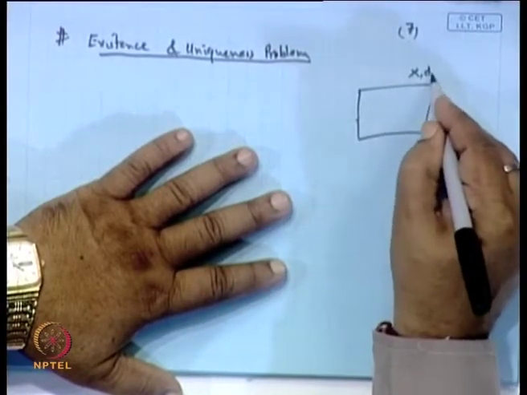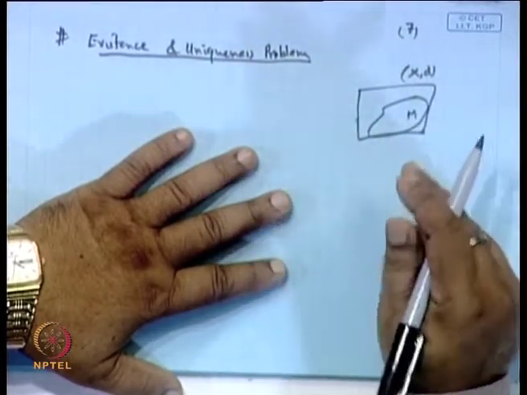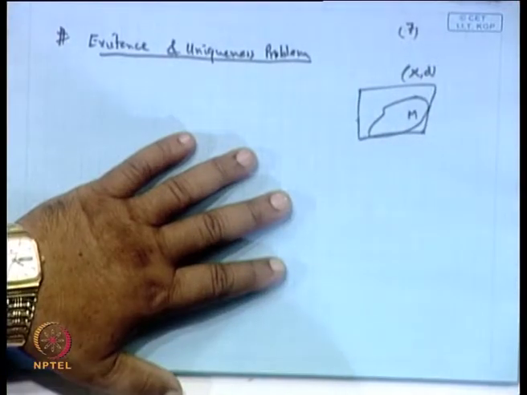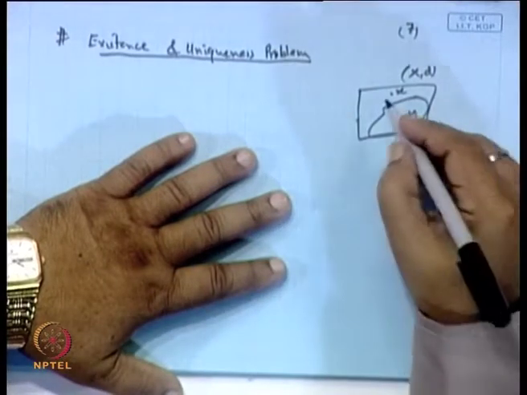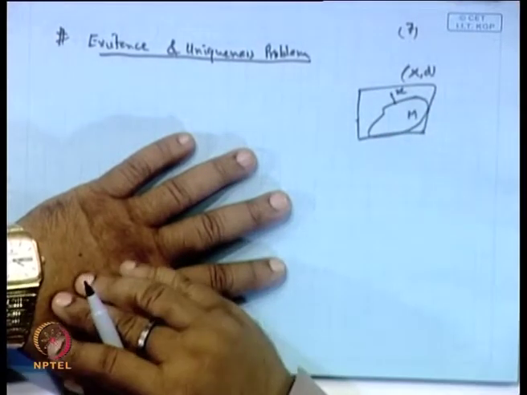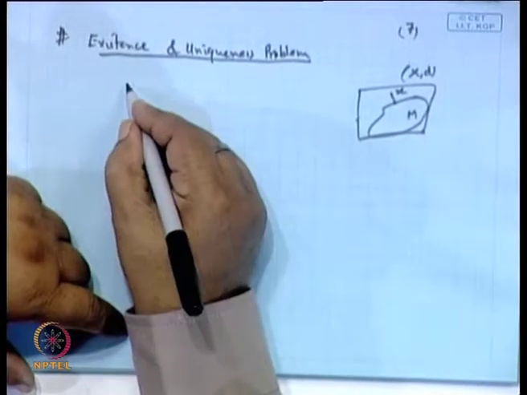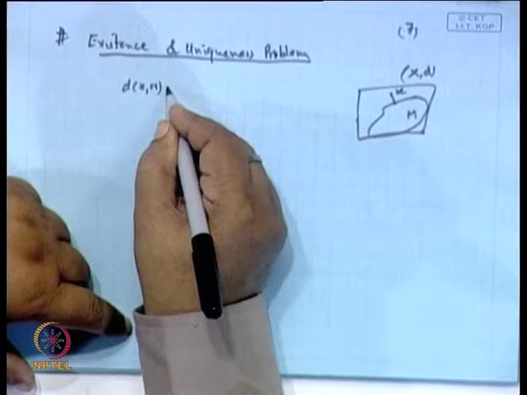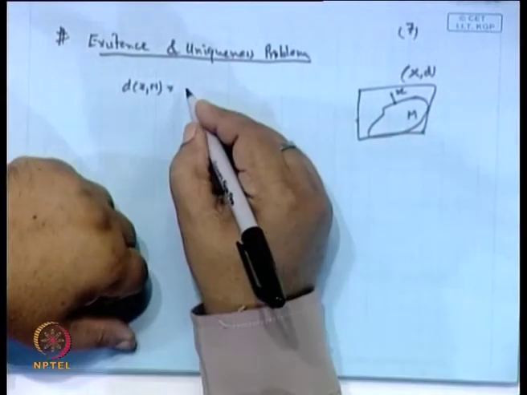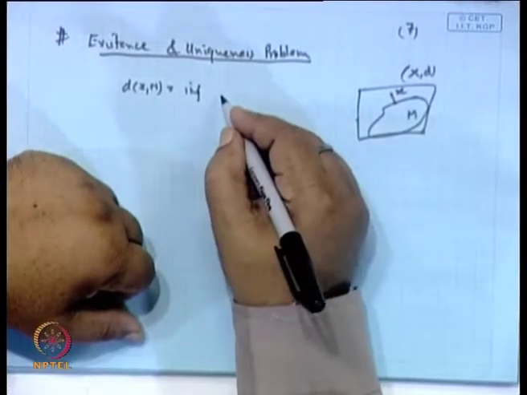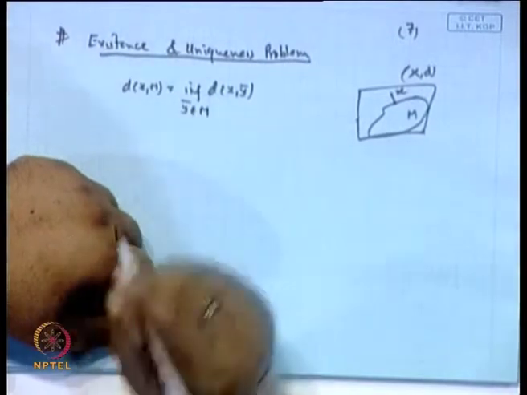Suppose X is a metric space (X, d), and let M be a subset of X. If I take x in X and am interested to find the distance from x to M, then how to find the distance? d(x, M) is equal to the infimum of d(x, y) where y belongs to M, is it not?